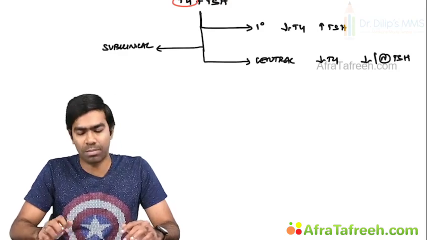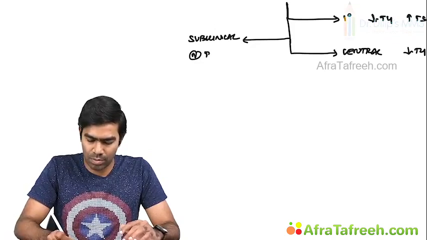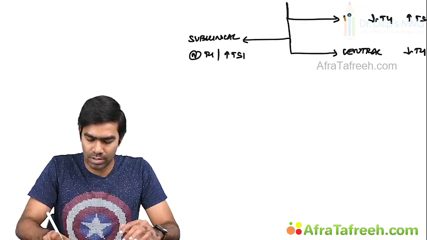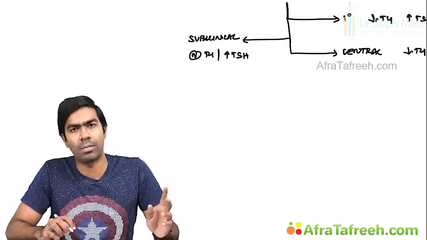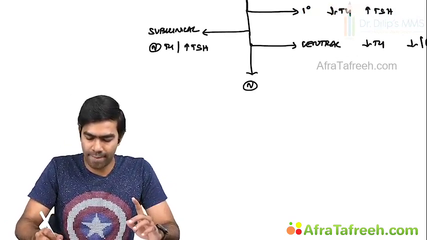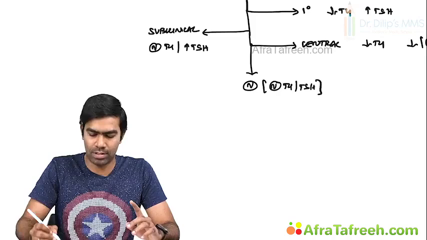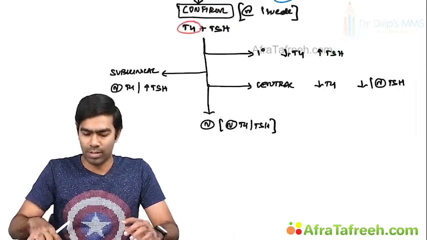What do you mean by subclinical hypothyroidism? You will have a normal T4 but an elevated TSH, more than 10. Or the child can be completely normal, with a normal T4 and a normal TSH. Fine, all right.